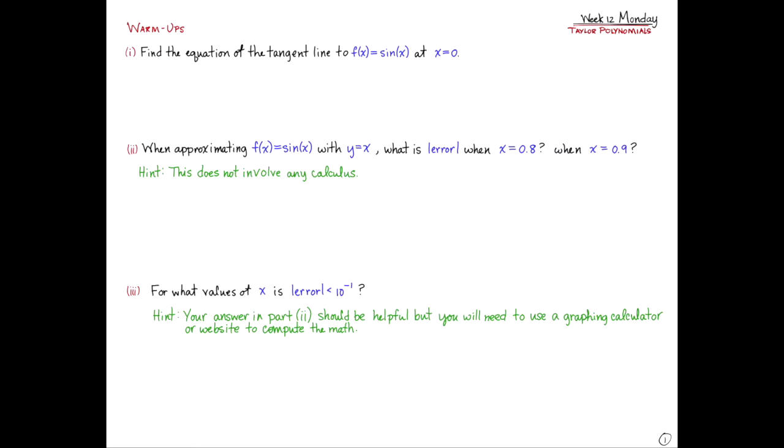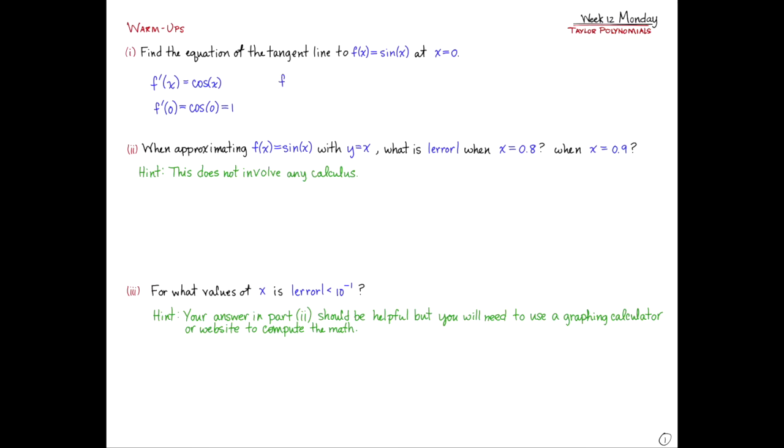Let's begin by finding the equation of the tangent line to f of x equal to sine x at x equal to 0. The derivative, f prime of x, is equal to cosine x, and at 0, f prime of 0 is equal to cosine of 0, which is equal to 1.